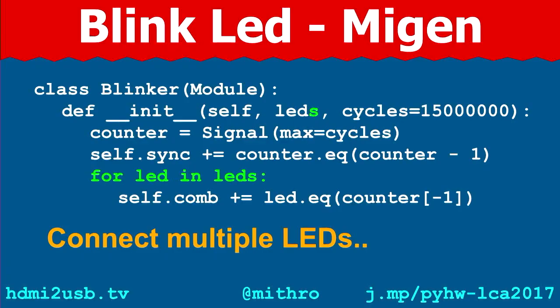We can also do things like for loops. So we can connect multiple LEDs to the top thing at once. And we only get the signals we need. If there's one LED, it's functionally equivalent to the previous example. If there are 10 LEDs, there's 10 extra signals.